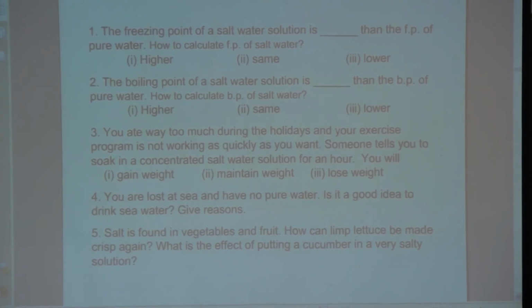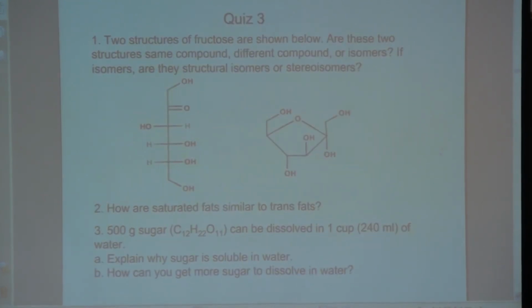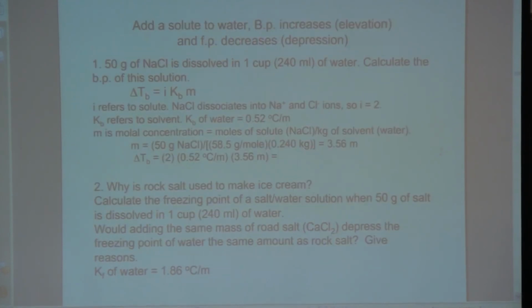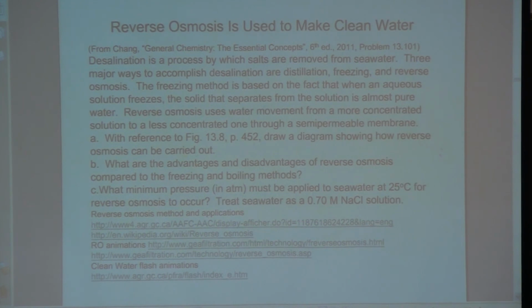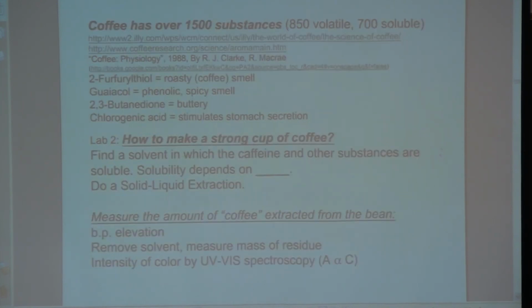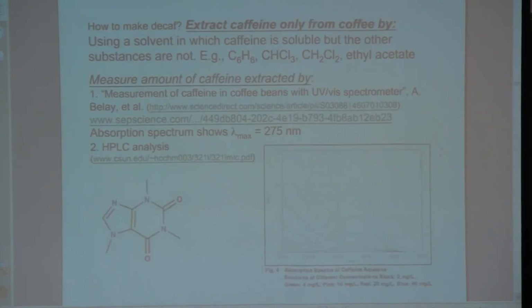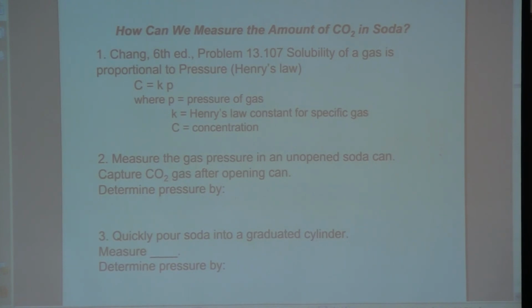Okay, so we talked about those colligative properties and how to apply them. We looked at quite a few applications of these colligative properties. Speaking of this, two groups sent me their data for this part of Lab 2.